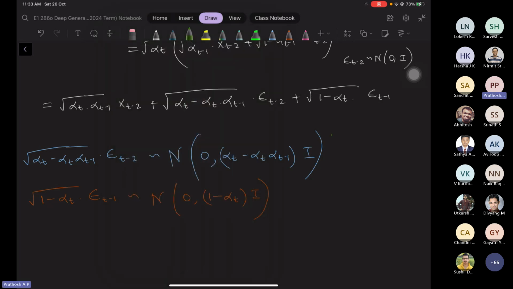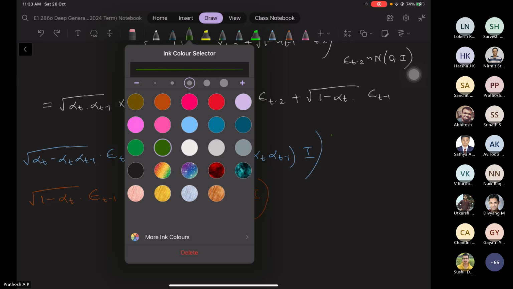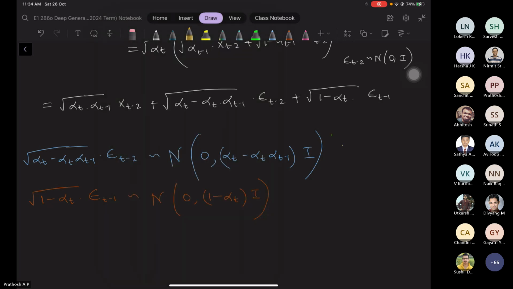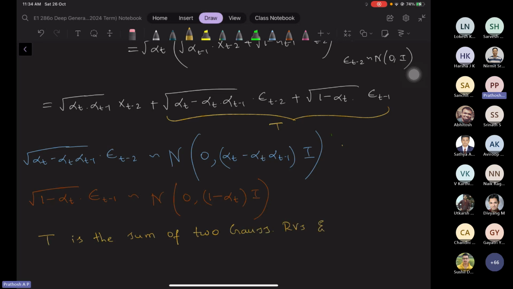Okay. Now this term T corresponds to, and therefore is another Gaussian random variable, because the sum of two Gaussians is a Gaussian, you know that, right?